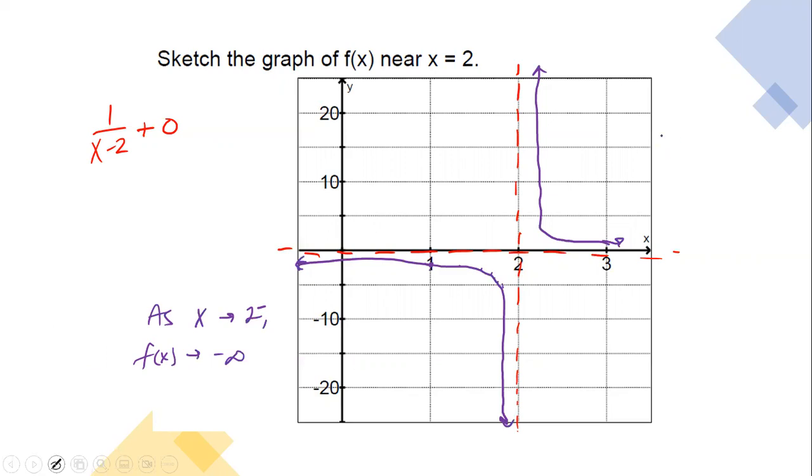On this side, as x approaches 2 from the right, what is f of x doing? Infinity. Okay. You're describing the behavior of the asymptotes, and behavior is a key thing that you need to be able to do for calculus when we start talking about limits.